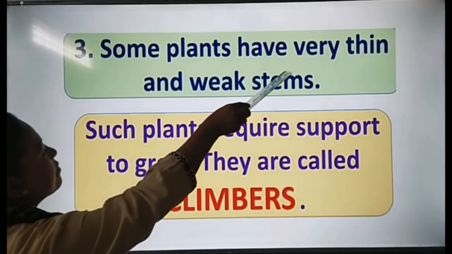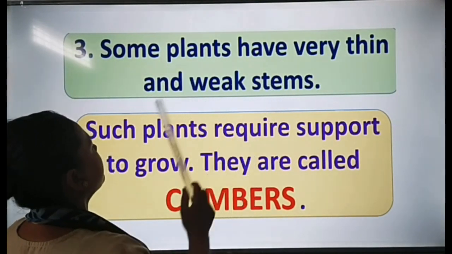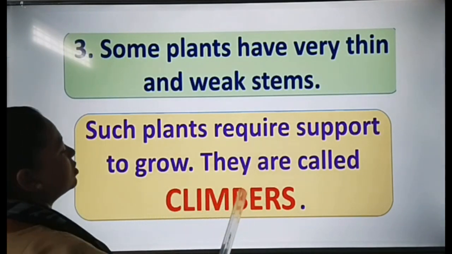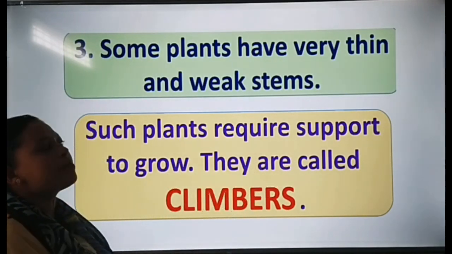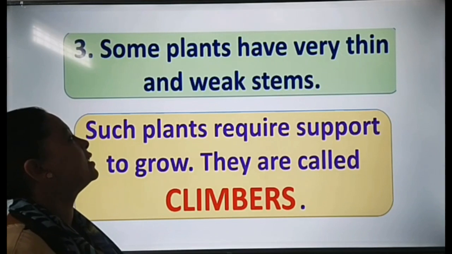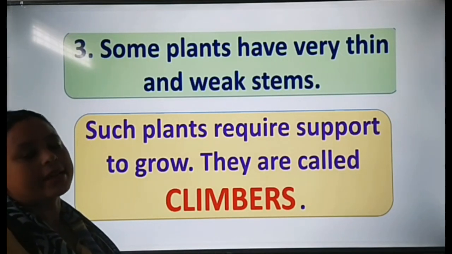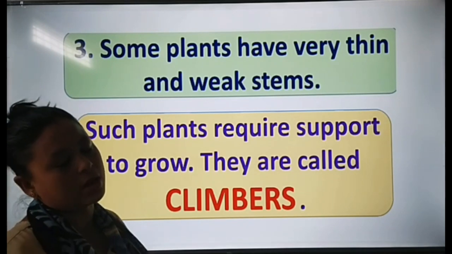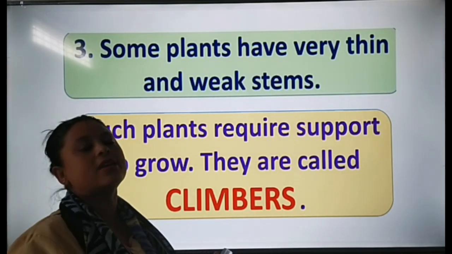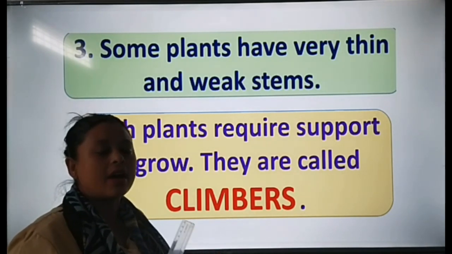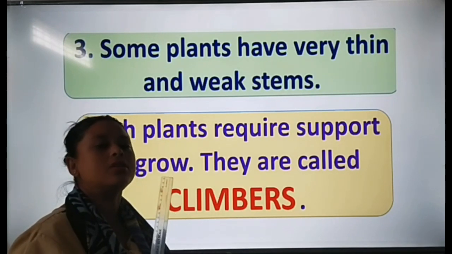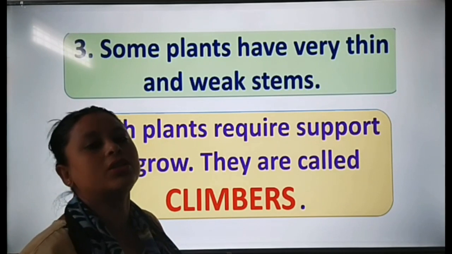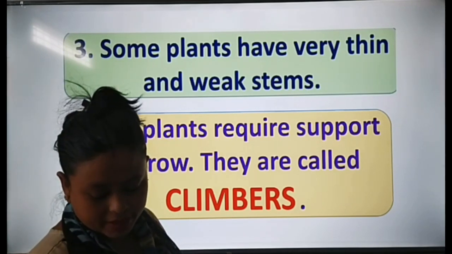Some plants have very thin and weak stems. Such plants require support to grow. They are called climbers. That type of plant needs support to grow, which is why they can only stand straight with support, okay. So that type of plant is called a climber.